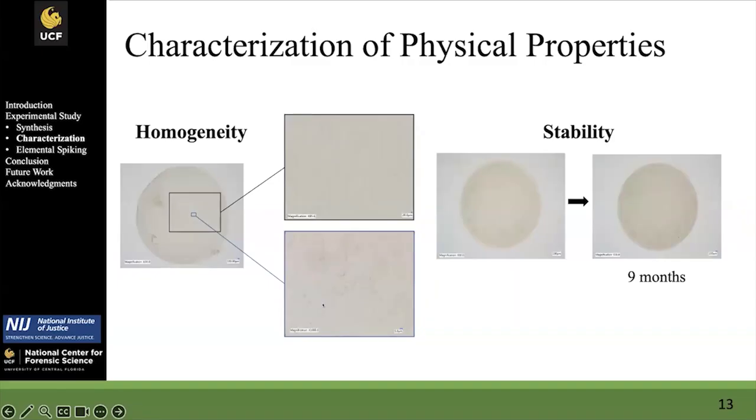For the stability, we are examining that over time. We want to ensure that the sample is physically stable and chemically stable. So we're looking at the thickness, the dimensions, the color, and we also want to make sure that there's no shrinkage with the material as well.